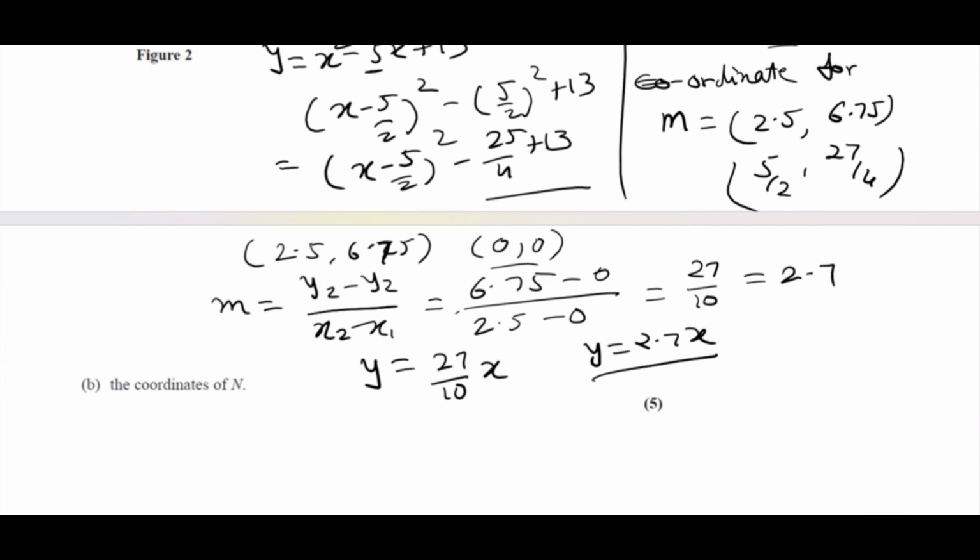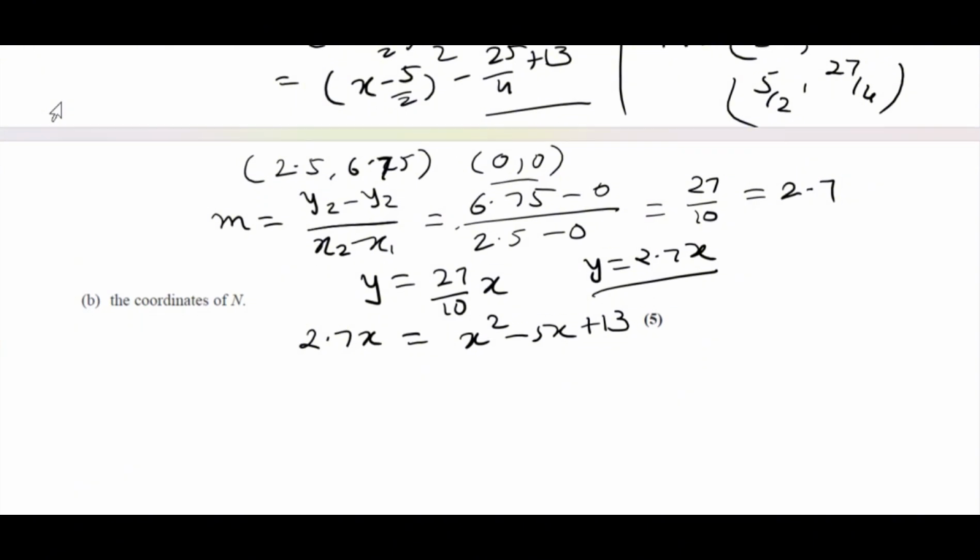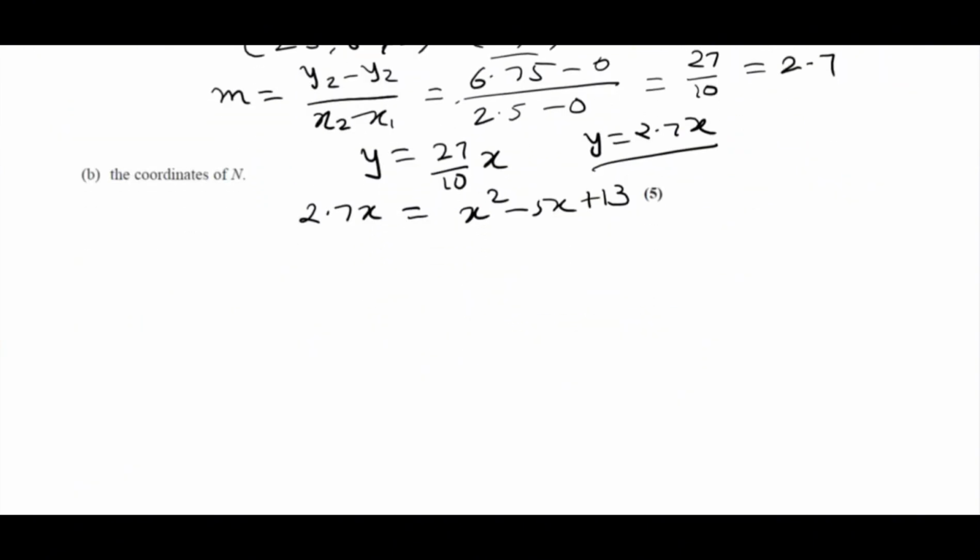So now we have to equate our line equation with the curve equation. So 2.7x is equal to x squared minus 5x plus 13. So this is our curve equation, right? Now we have to simplify this one.